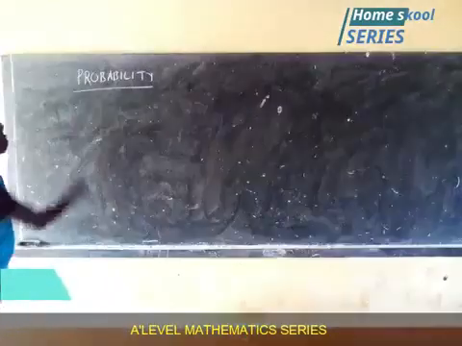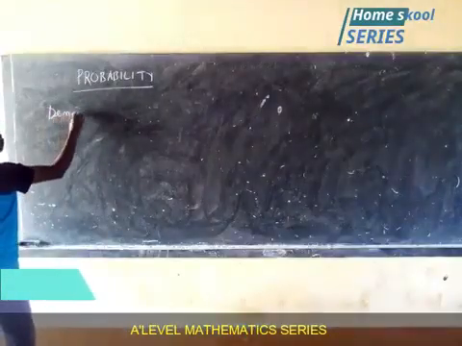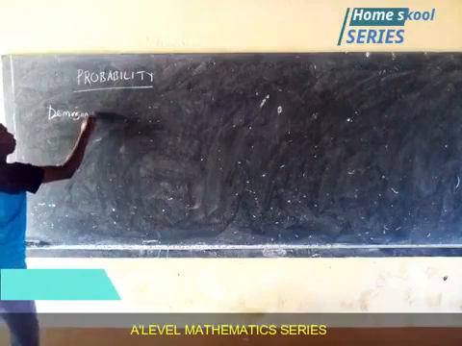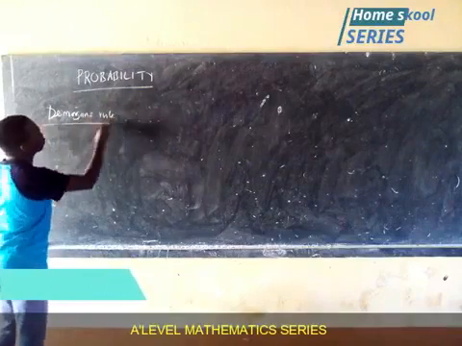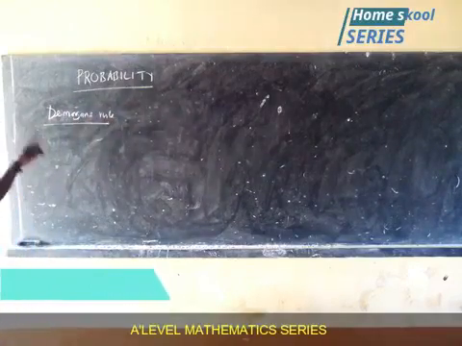Let us see De Morgan's rule. Now this rule works for both intersection and union.